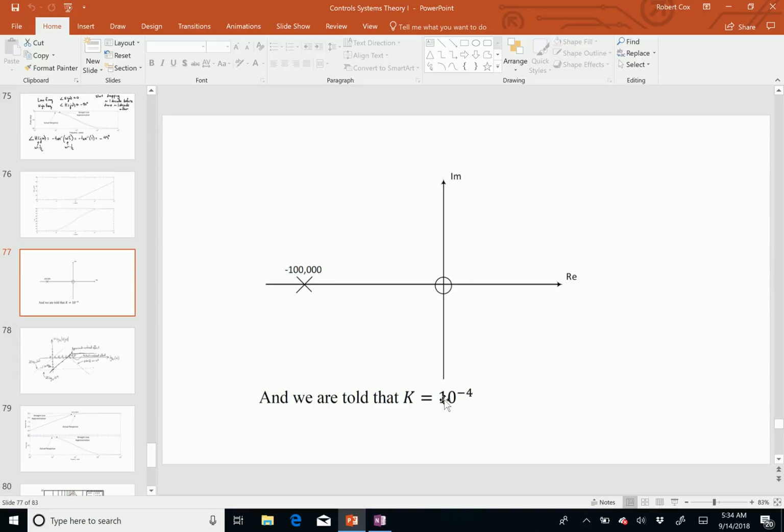All right, and I'm told that this guy's got a gain k, a multiplier, a constant of 10 to the minus 4. All right, so I got a pole zero diagram here. So let's see what I can see for this guy.